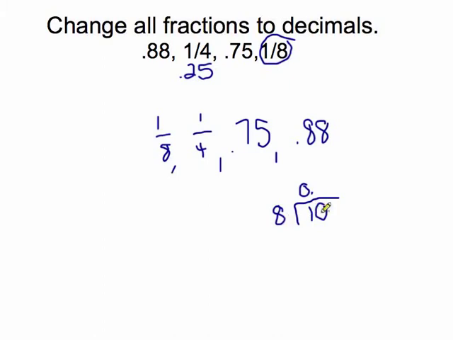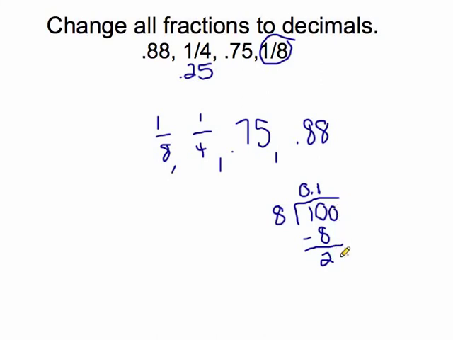So now will 8 go into 10? Yes, it will. It will go in 1 time. 8 times 1 is 8. So now I'm going to take 10 minus the 8, which is 2. Okay, we're still going. I still need to add another 0.